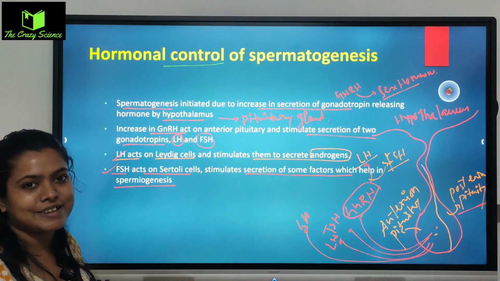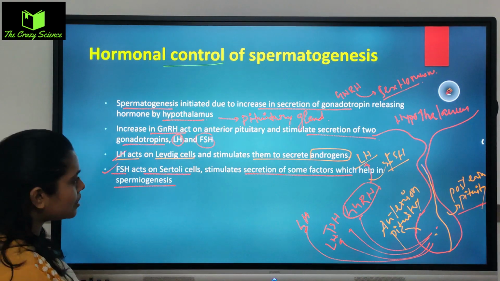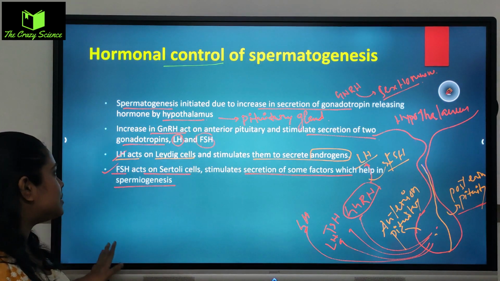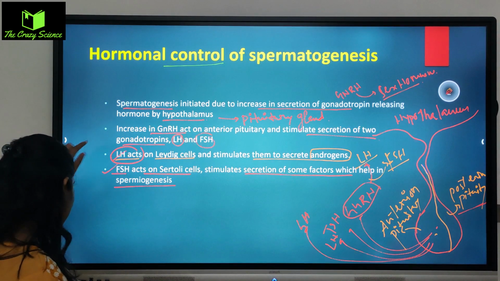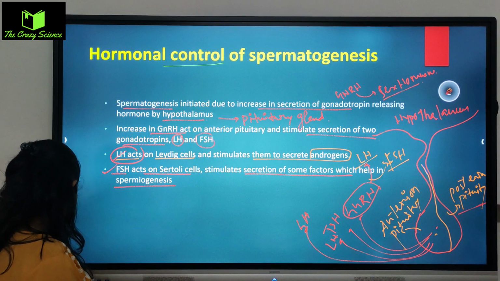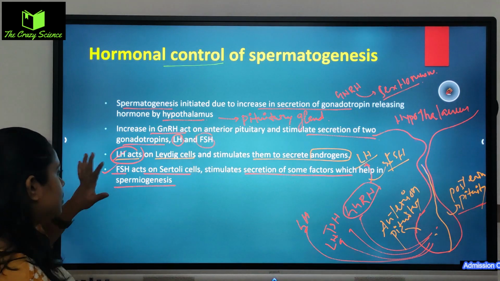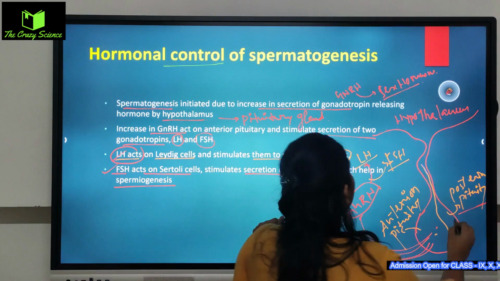Spermiogenesis আমরা এখন পড়ে এসেছি, right? তো spermiogenesis এর প্রসেসটার উপর FSH অ্যাক্টিভলি কাজ করে, আর হরমোন যে ডিপার্টমেন্টটা সেটা LH দিয়ে হয়। ওকে, This was all about it.